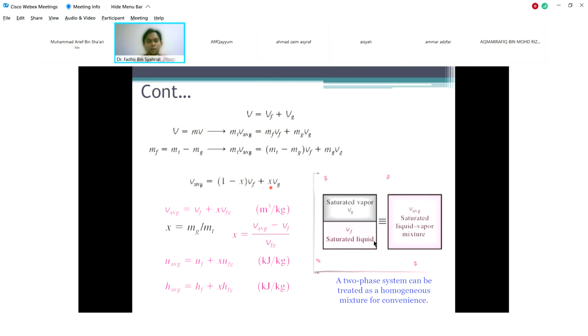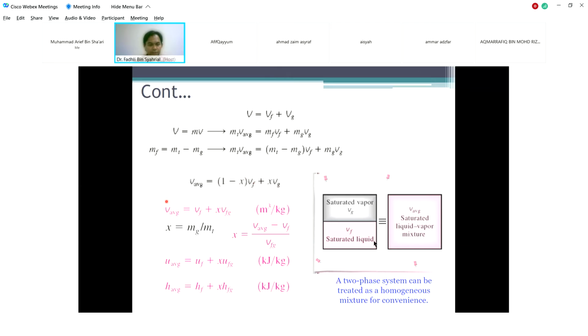So from this first equation, we have equation number 4, which can be simplified as this one. If you simplify again from this equation, you will get v average equal to vf plus x vfg. This is simple mathematics: you arrange all these equations and you get this one.